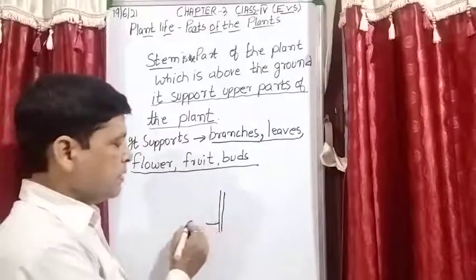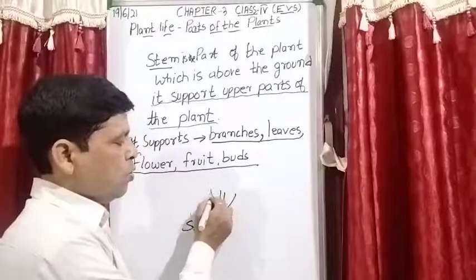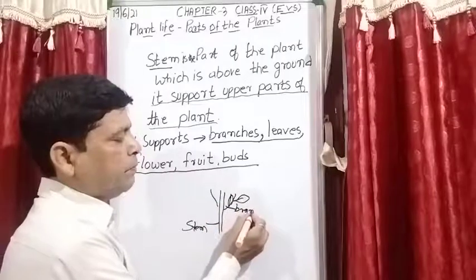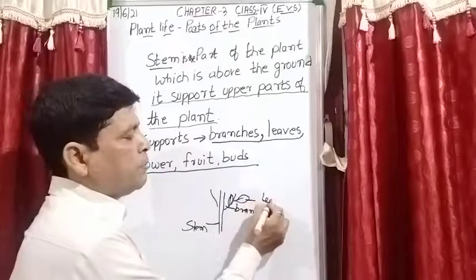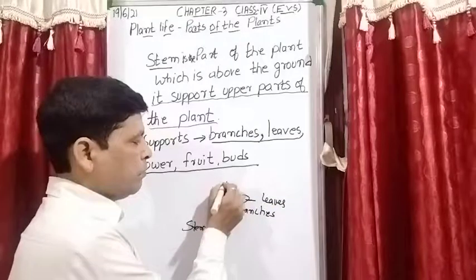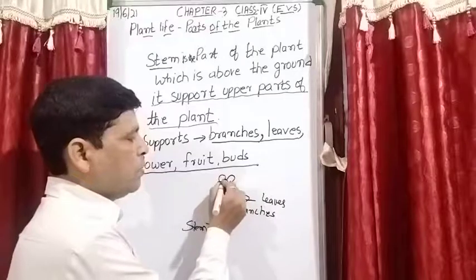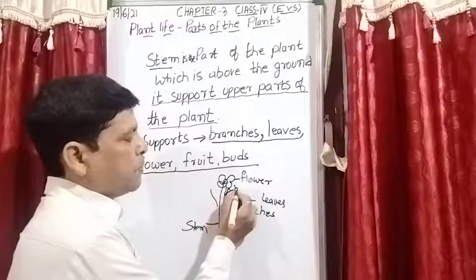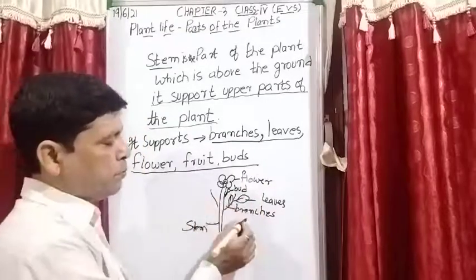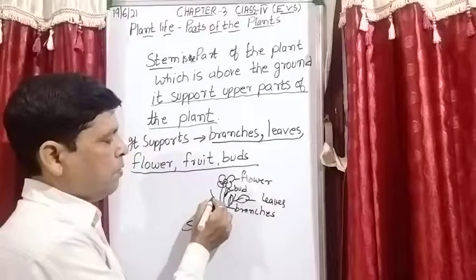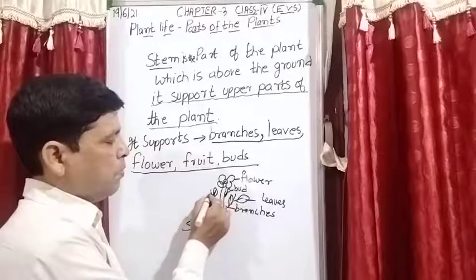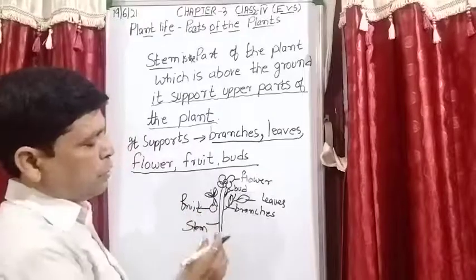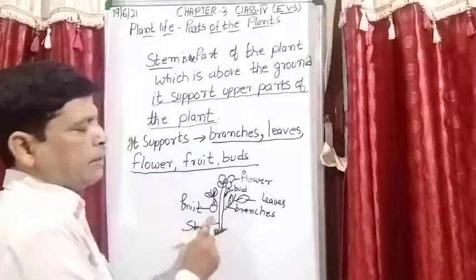For example, this is a stem. So the branches have come in the stem, the leaves have come in the stem, the flower has come, the buds have come, and this is fruit. So all these parts are connected with the stem.